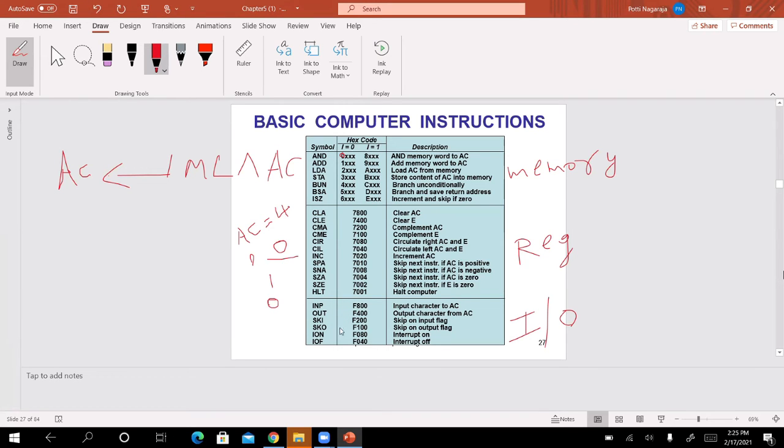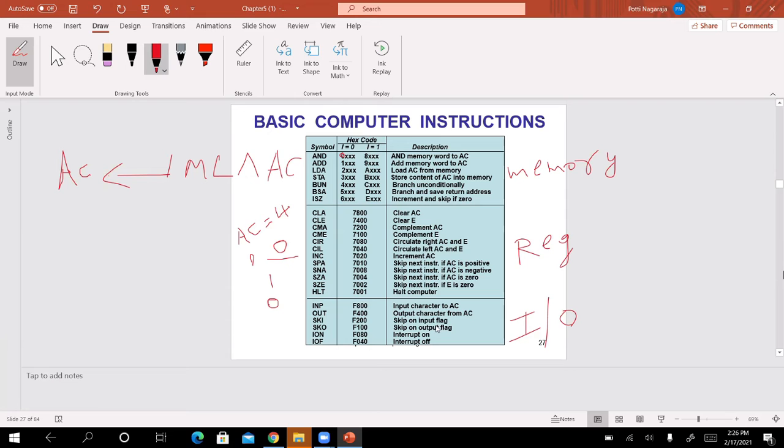Then F200 is SKI, skip on input flag. Then F100, SKO, skip on output flag. Then F080, ION, interrupt on. Then the last one, F040, interrupt off. What do you mean by skip on input flag and skip on output flag? See, when you are executing the input devices and you enter some data, we get the input flag.